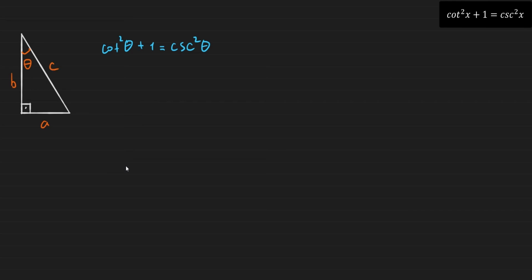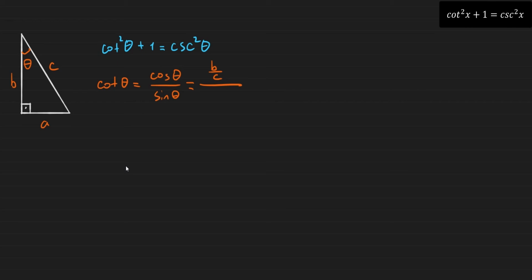And we know that cotangent theta is equal to cosine theta over sine theta. And we know that cosine is adjacent over hypotenuse, so that's B over C in our case.